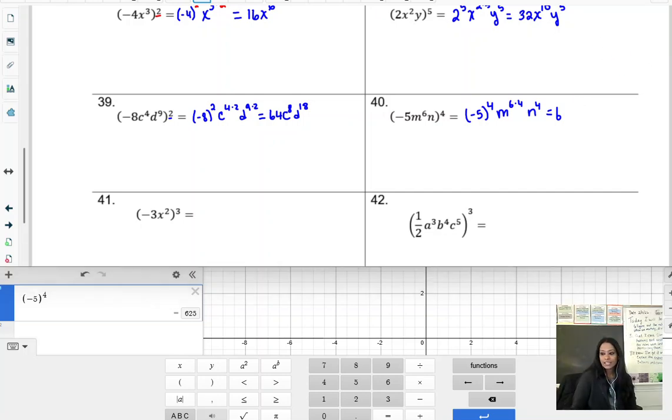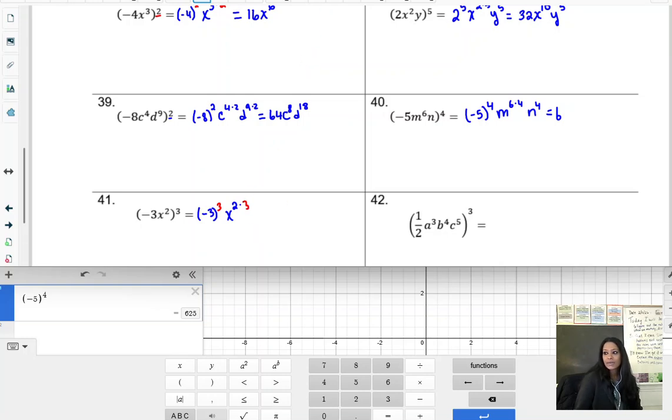Now, let's take a look at this one. I also have a negative base, but look what happens here. And I'll explain. So negative 3 to the power of 3 here. And then you have x to the power of 2 times 3.